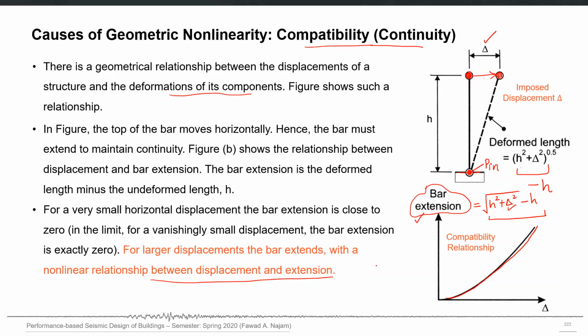One is if we consider the equilibrium condition in the deformed position of the structure, those will be different equilibrium equations compared to undeformed equations. And second is when the relationship between component extensions or deformations and the nodal displacements is not linear, then that effect will result in the geometric nonlinearity.